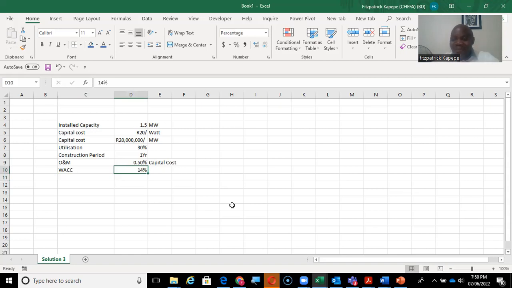But if you have the debt, the interest charge, the cost of debt, and you've been given the cost of equity, you can decide to include interest charges. But then when you're computing your NPV, you do not use your WACC, you actually use your cost of equity, because the cost of debt has already been factored in. It will still give you the same answer.